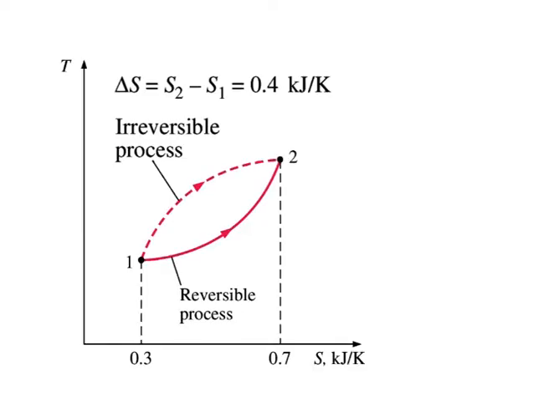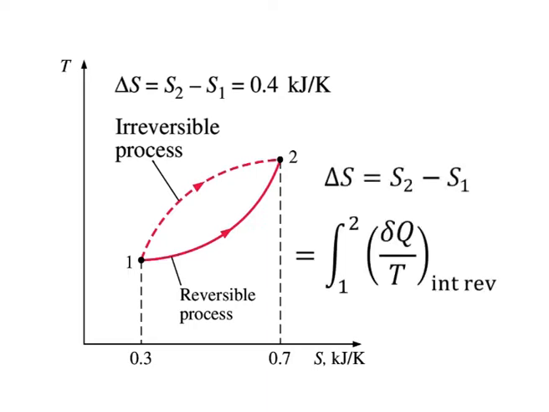To perform the integration of the change of entropy equation, one needs to know the relation between Q and T during a process. This relation is often not available, and the integral in the equation can be performed for a few cases only. For the majority of cases, we have to rely on tabulated data for entropy.